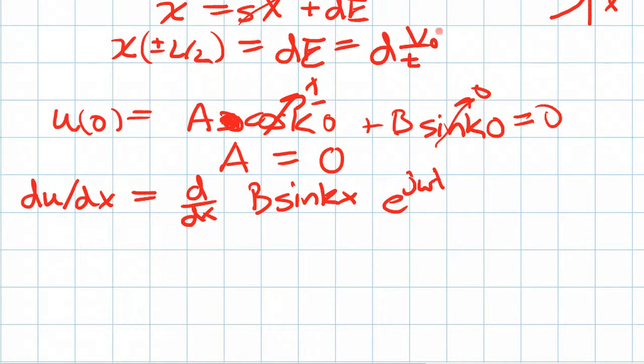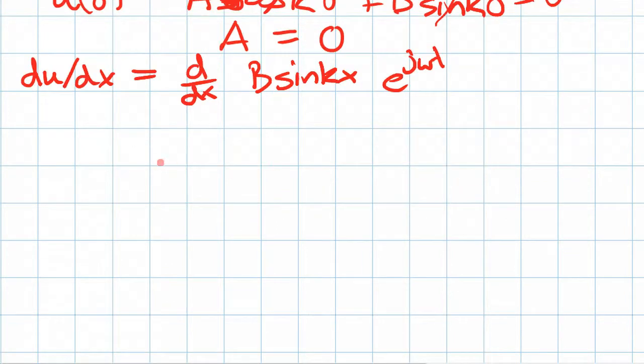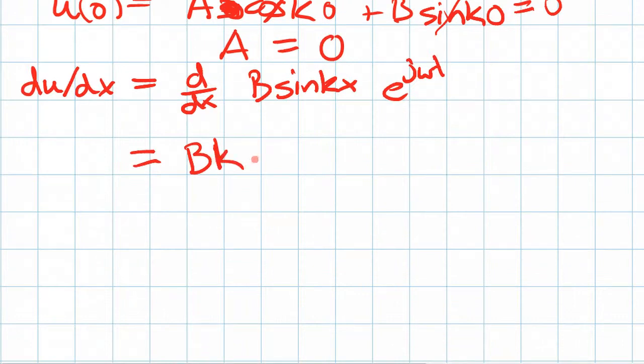If we do, we have to assume the voltage is V0 e^(jωt), and this will cancel out, as you'll see in a moment. We take the derivative and get B k cosine kx, times e^(jωt), in parentheses.